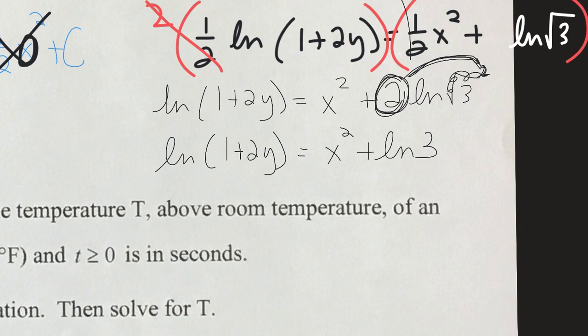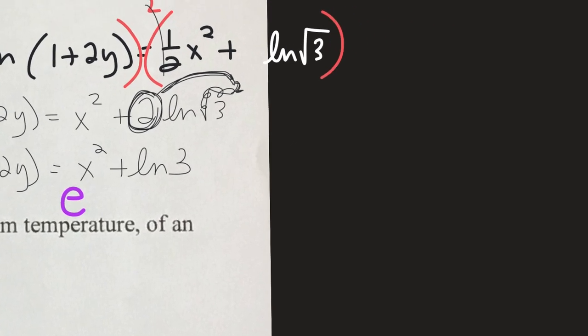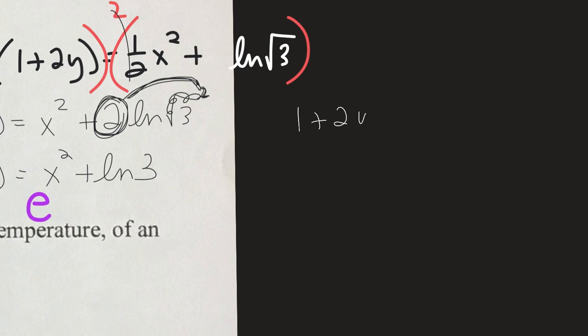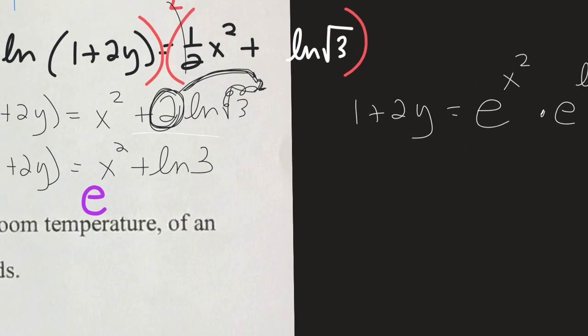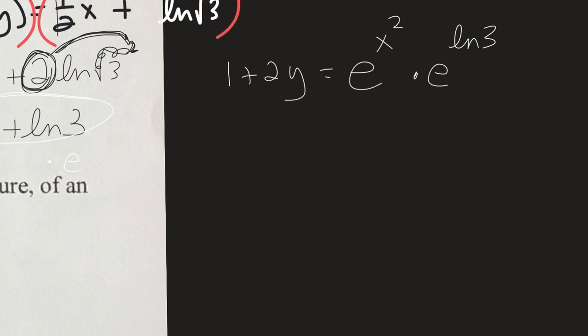So now, when I exponentiate both sides, things will work out much better, I hope. All right, so these are gone, and I have 1 plus 2y equals e to the x squared times e to the natural log of 3. Remember, when we have a plus as the power, we can split that into the product of the same bases. And look how nice this is.